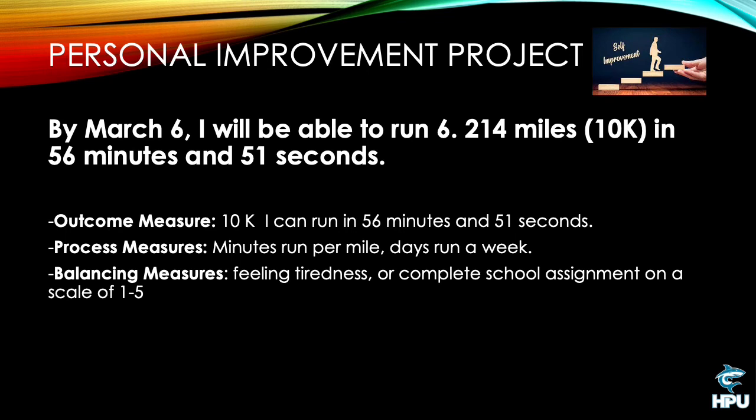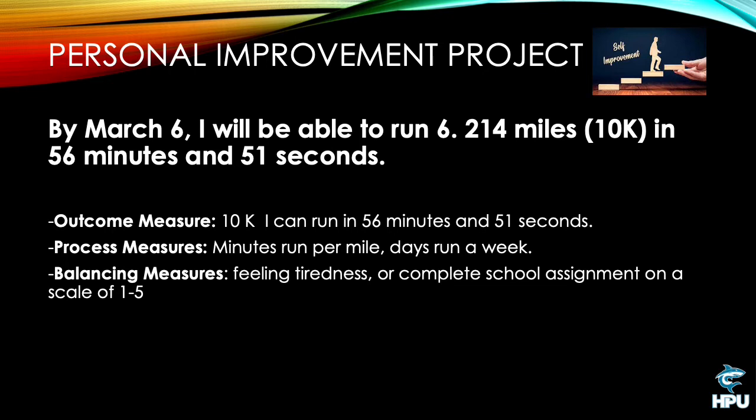The outcome measure will be that I can run 10K in 56 minutes and 51 seconds. It's ultimately my goal. The process measure is how much I practice. More practice can help me reach my goal quickly. So how many minutes I run per mile and how many days I run a week will be my process measures.